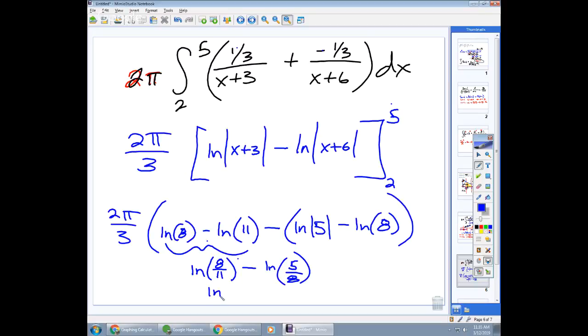So that would be the natural log of 8/11 divided by 5/8. Instead of dividing by 5/8, I could multiply by 8/5. I was hoping the 8's canceled. Bummer, they didn't. But we can simplify the answer down dramatically. So the final answer could be 2 pi over 3 times the natural log of 64/55.